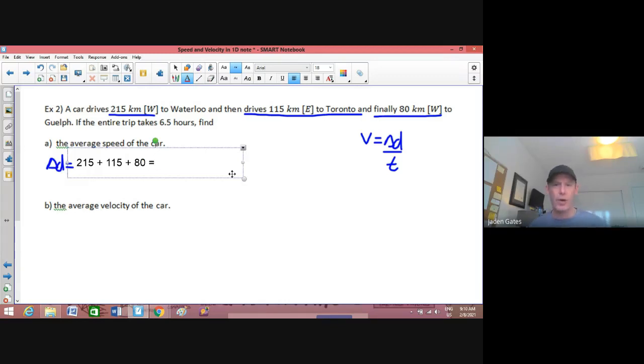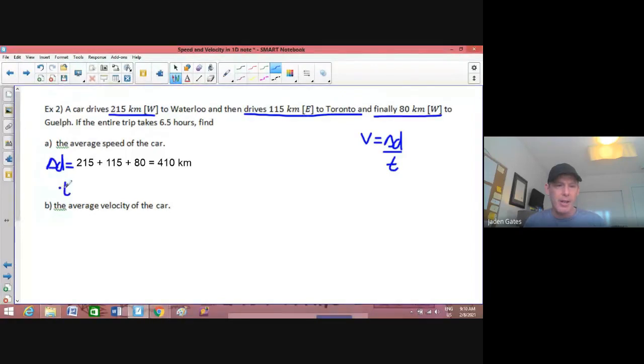For a grand total of 410 total kilometers that they've driven. Again, I do not care about direction because it's speed. Again, my t, how much time has gone by for all that driving? 6.5 hours.